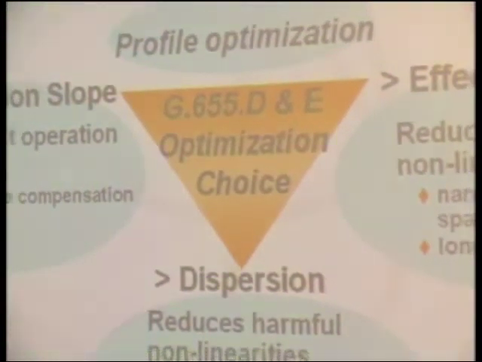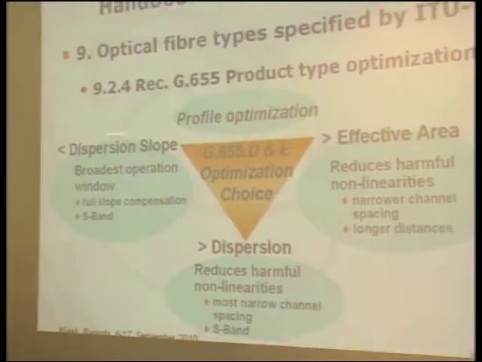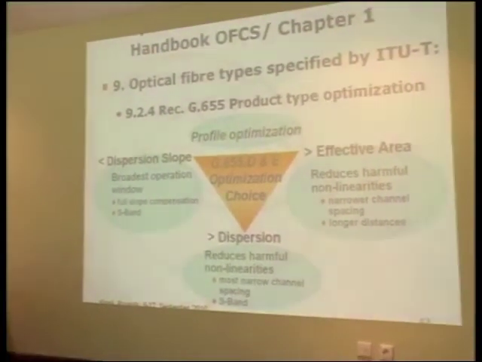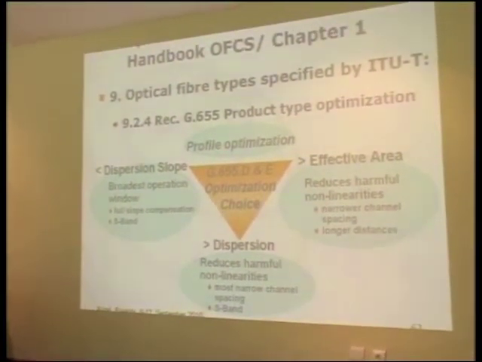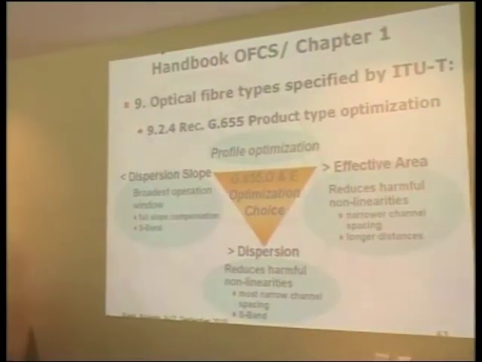And the fiber can be used in the S-band. So again, it's up to you to decide which of the three options you would go for, even inside 655. It's maybe a complicated story, but it is the reality. This is the way fiber makers have put products in the market, which are all placed somewhere inside 655.